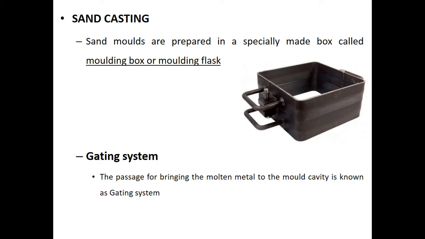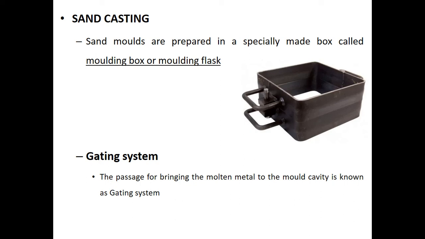As I told you, you need to prepare the sand mold. That is the important step in sand casting. The sand molds are prepared in a specially made box called a molding box or molding flask. You have seen this kind of box in your workshop, isn't it? A top part, a bottom part, cope and drag. I hope you remember.